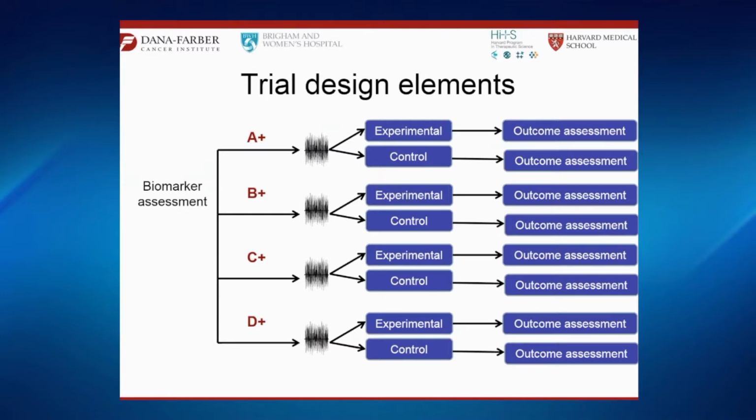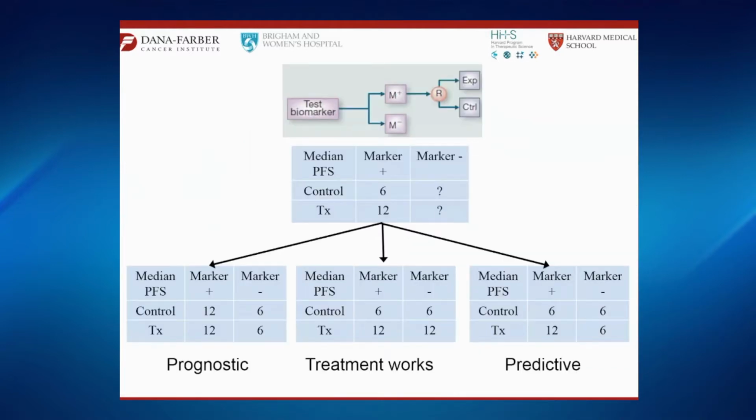So you could take everybody with a biomarker and randomize them to experimental versus control and look at their outcome. This is kind of like Lung-MAP, having control arms but still having this biomarker assignment. When you do that, you can kind of knock prognostic off the ledger, and you still have treatment works versus a predictive marker.